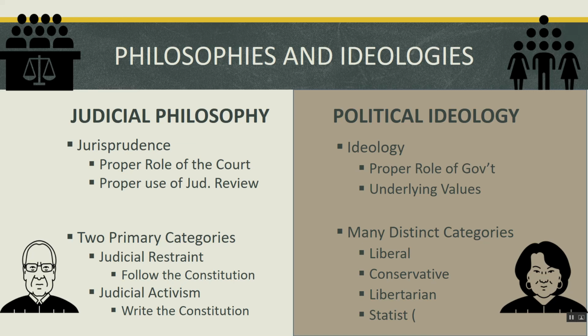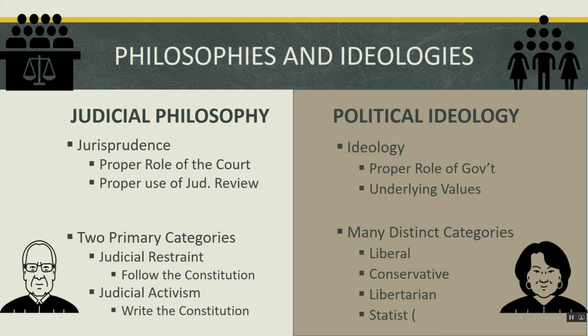If, on the other hand, there is an action that has been taken by Congress that is, technically speaking, constitutional, but based on my political ideology, I think it is detrimental to society, well, in that case, I should strike it as unconstitutional. So it's more a question of which policies are good and bad, and less a question of which policies are strictly constitutional or unconstitutional.